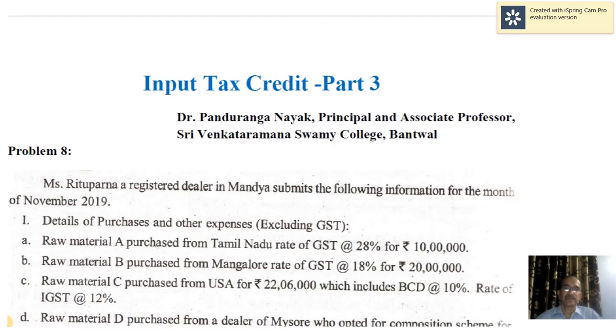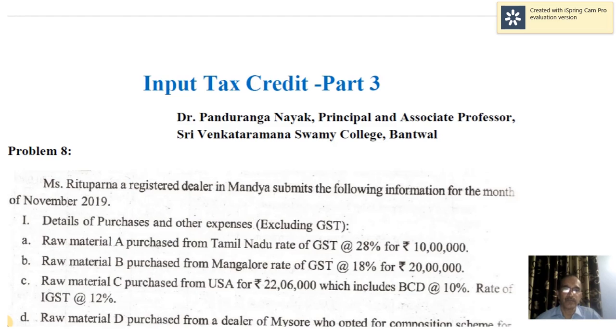As I have mentioned, you have to understand how input tax credit is being applied in the computation of net tax liability. See, there are three things. One is output tax, that's on outward supply. You may supply the goods to a dealer, and when you supply the goods, you collect the taxes.